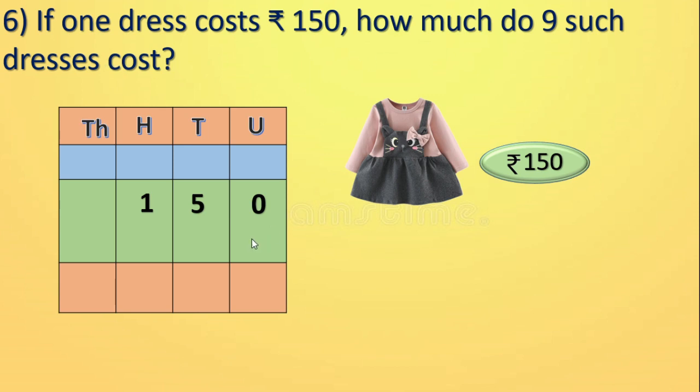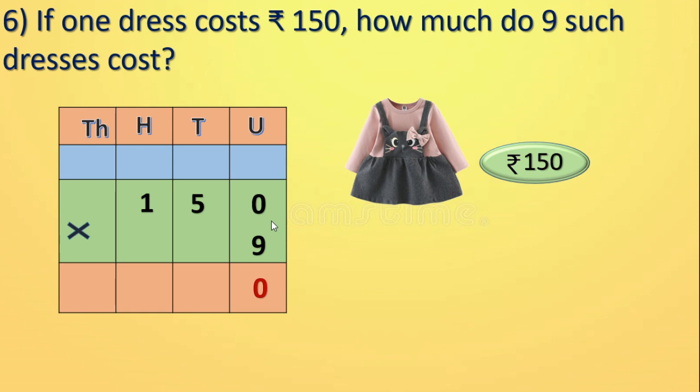Now multiplied by 9. Where to write 9? In hundreds place or tens place or in unit place? Yes? Very good. In unit place because that is a single digit. Correct? Now very simple multiplication. 9 into 0, 0.